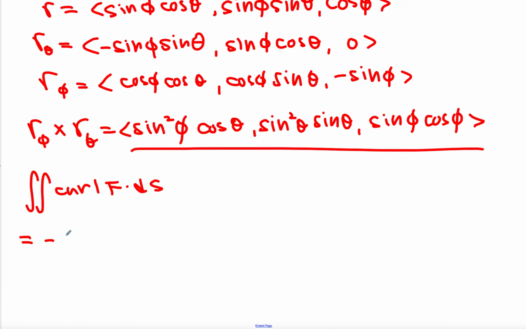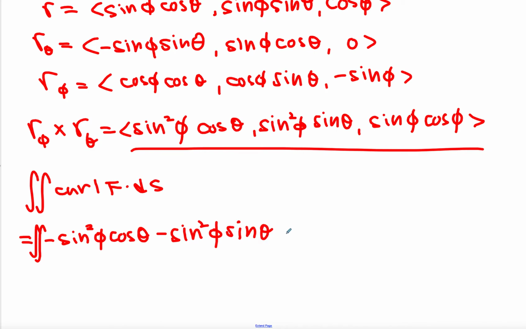I'd be getting negative sine square phi cosine theta minus sine square phi sine theta, and then minus sine phi cosine phi.